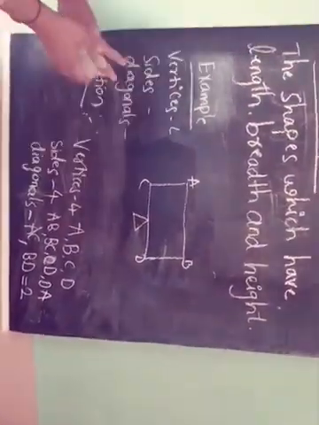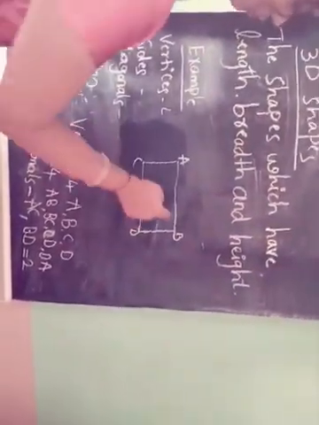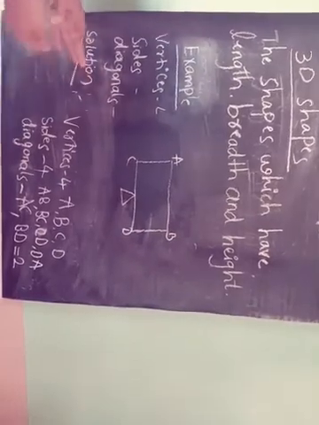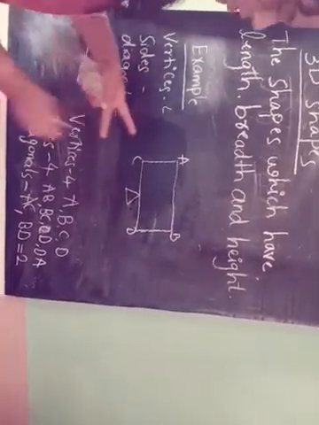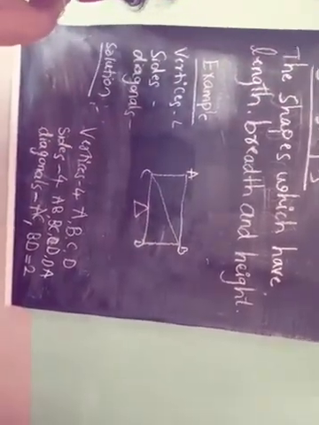Suppose if they ask from B, can we draw diagonal? Means we have to mention only B, C here.